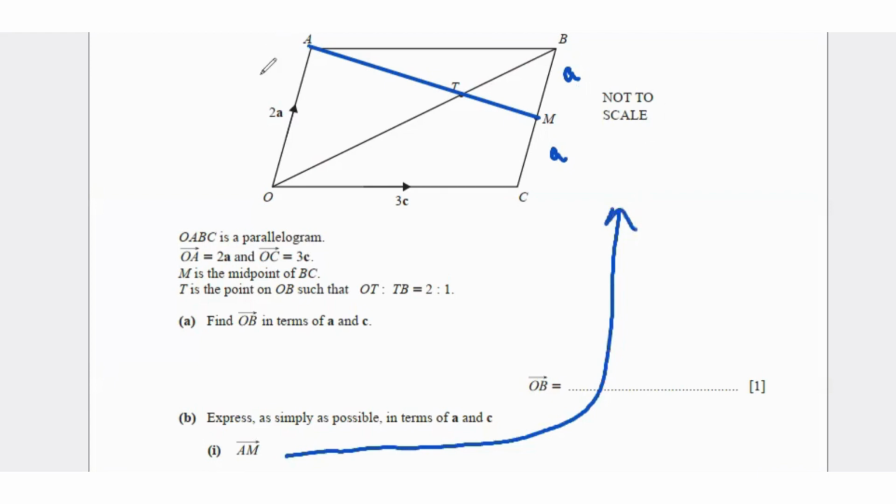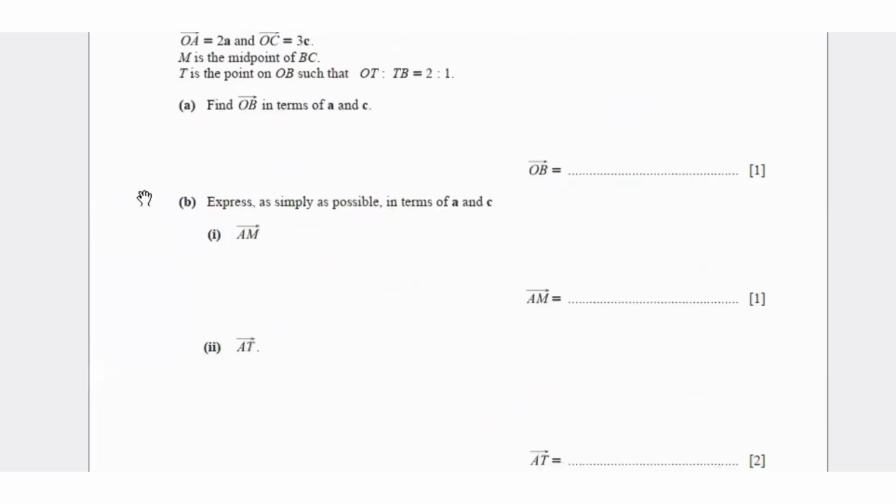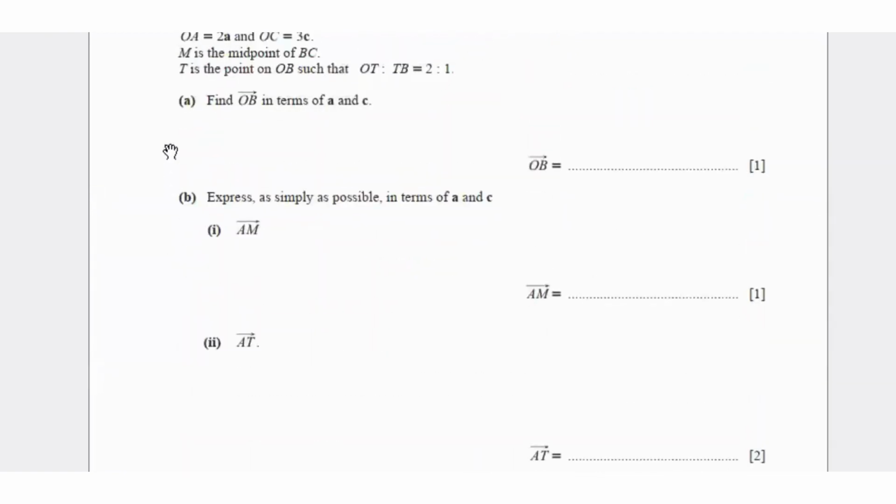We go from A to O, then from O to C, and then from C to M. So that would be -2A plus 3C plus A, which is going to be 3C minus A. That is AM. Then I have to find AT.